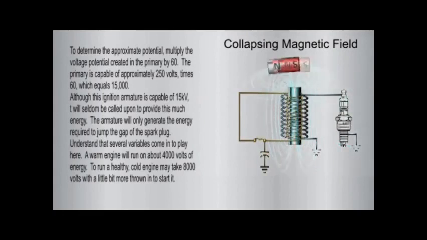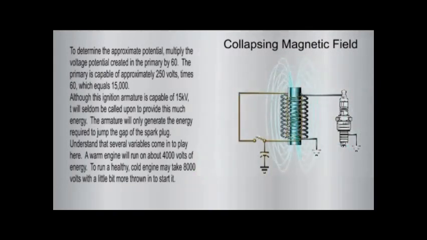Although this ignition armature is capable of 15 kilovolts, it will seldom be called upon to provide this much energy. The armature will only generate the energy required to jump the gap of the spark plug. Understand that several variables come into play here. A warm engine will run on about 4,000 volts of energy.